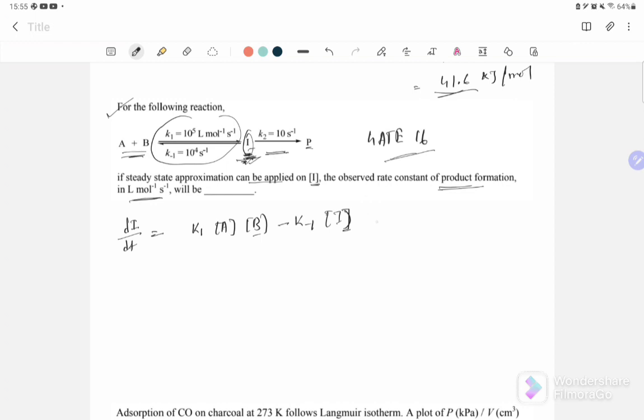From here it also decays, so minus k2 [I].